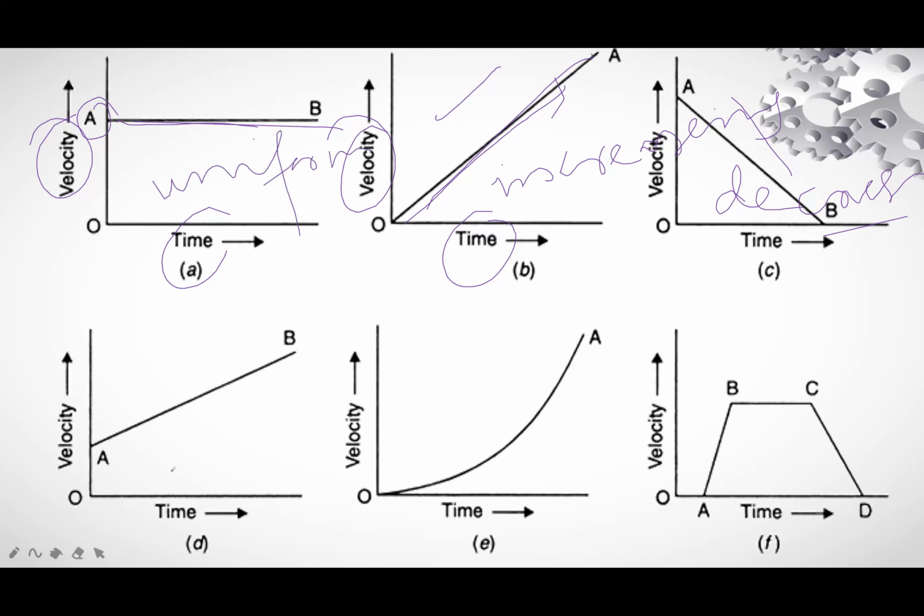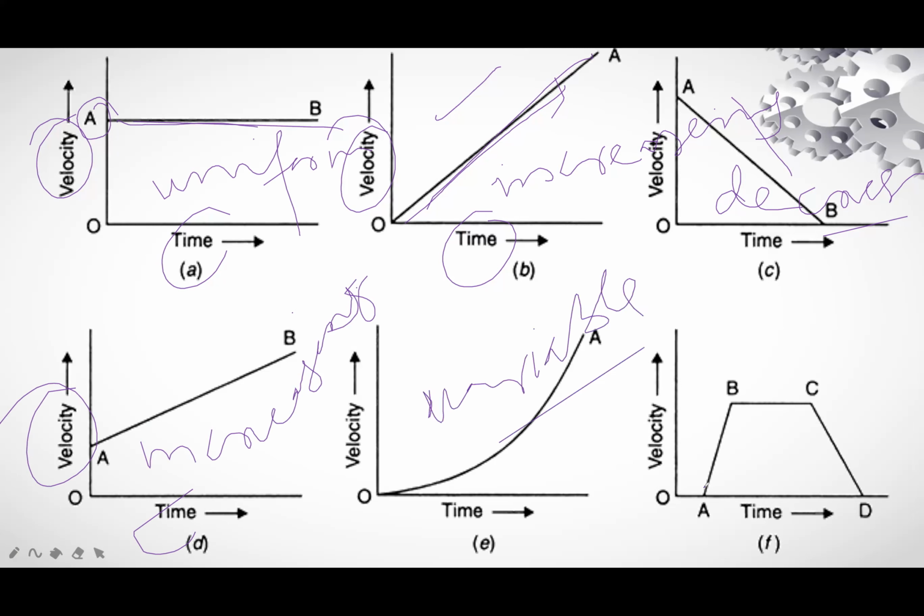This is the graph between velocity and time: increasing velocity, variable velocity. Here increasing, uniform, decreasing, uniform, increasing.